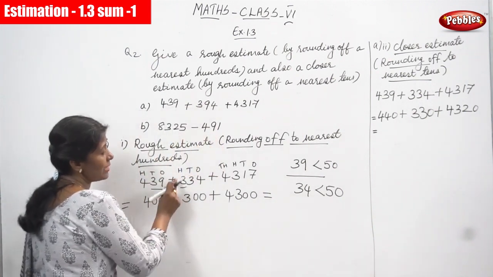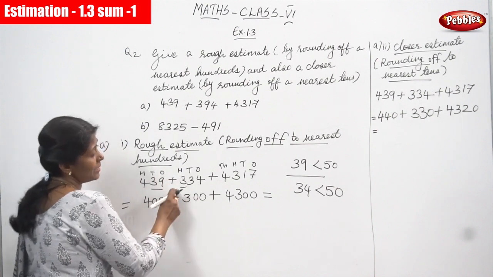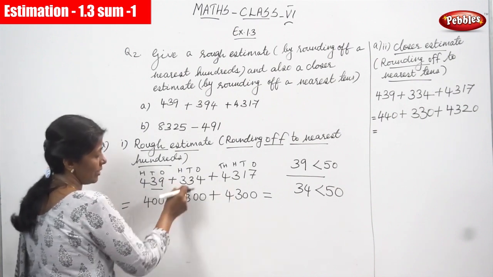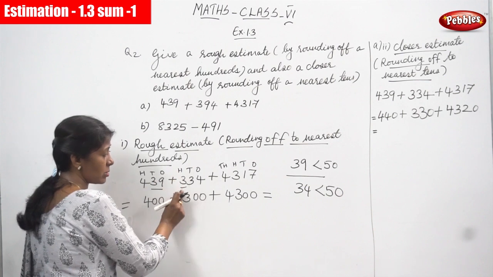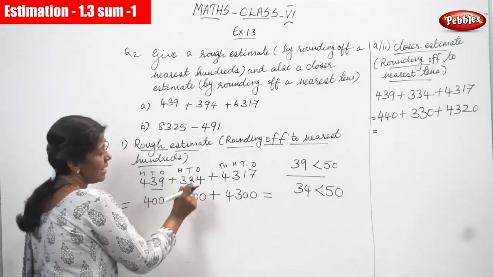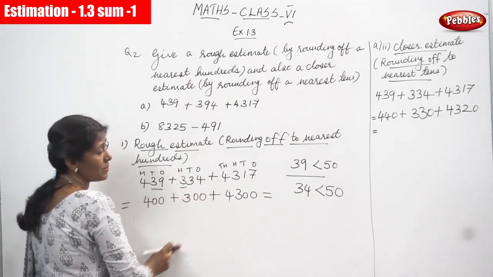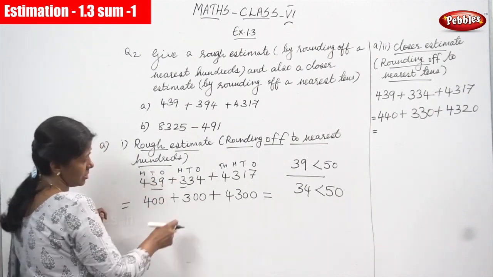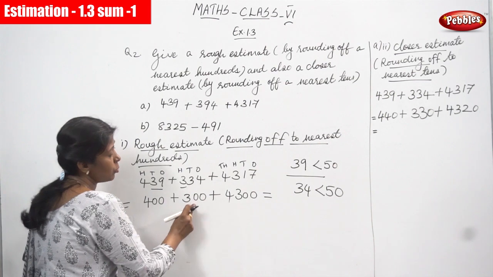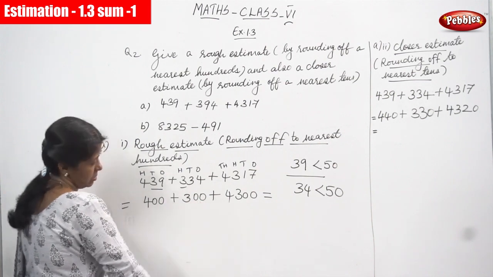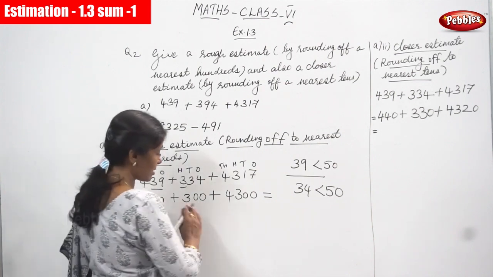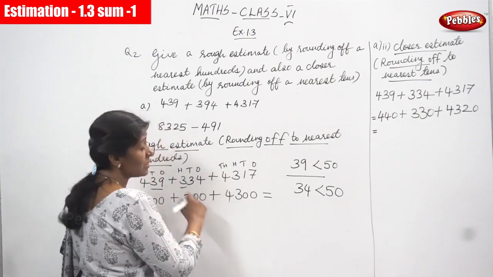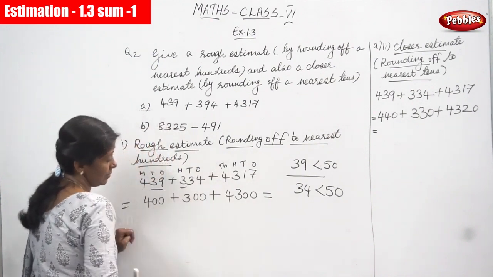It does not come under the rule, so you write 3 as it is, and the tens and ones place values become 0, because for the nearest 100 the last two digits become 0. So you have to write 2 zeros after 3.